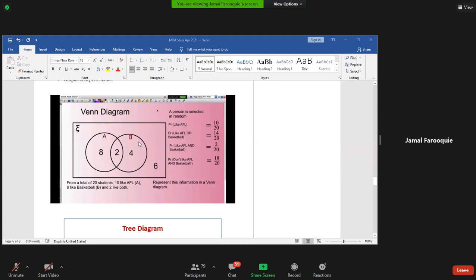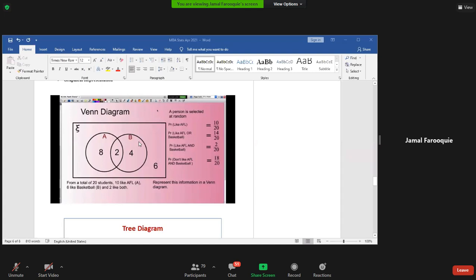So this is how the event diagram is represented. This example I have taken from here, you can see basketball and other events. But the point you should understand is that the event diagram is used to represent the outcomes or events. We have defined that sometimes event and outcome are used interchangeably, but if you want to be specific, then an outcome is a single one and an event is a combination of outcomes as a result of a number of trials or experiments.